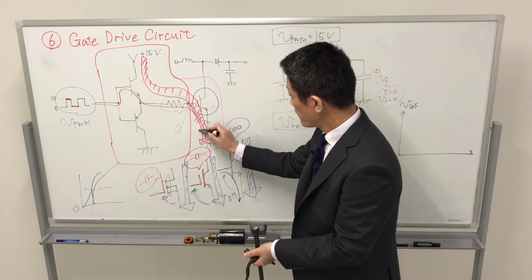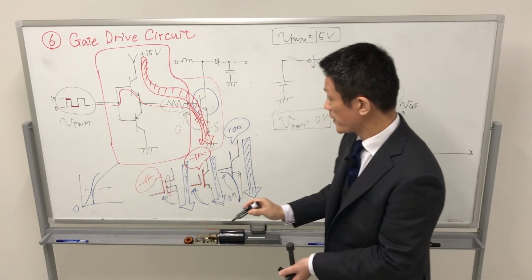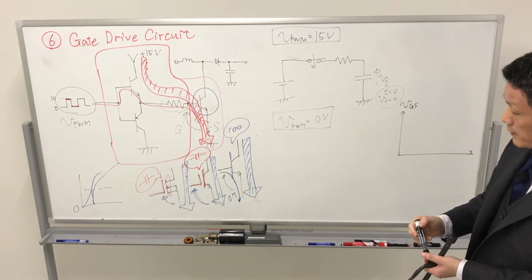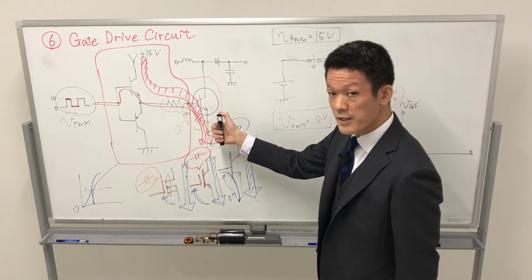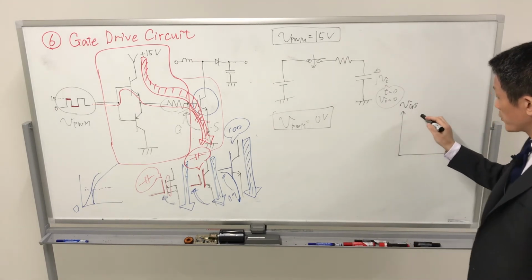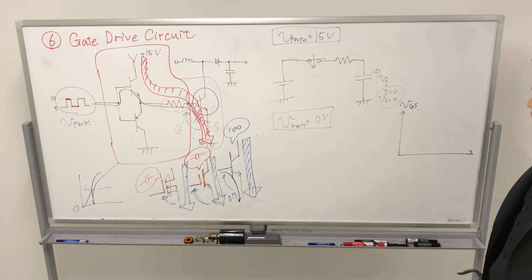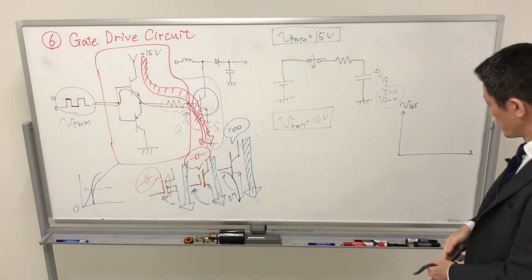So the important point is the V gate source voltage. This is the gate drive circuit output voltage, so we must look at the V gate source voltage, okay? Please consider how the V gate source voltage behaves.